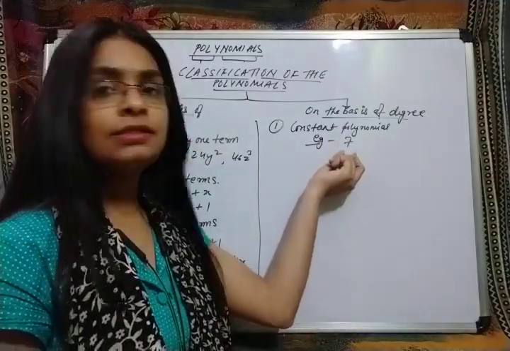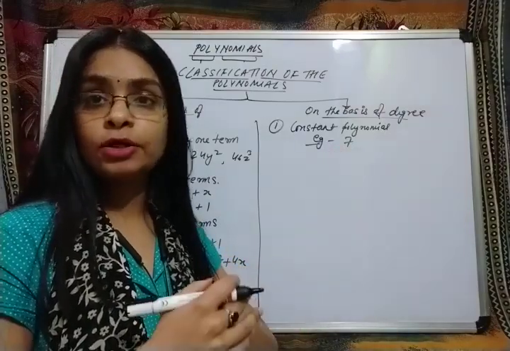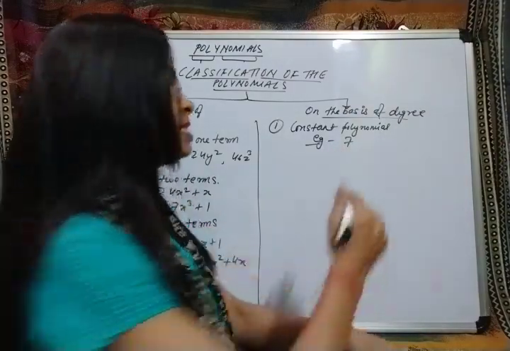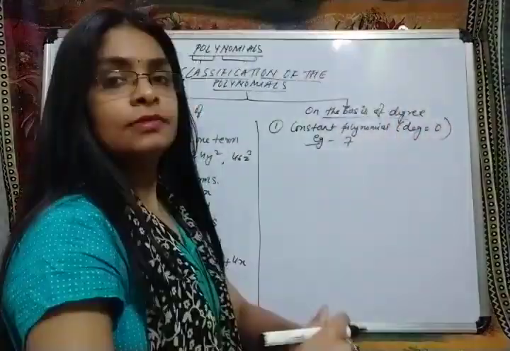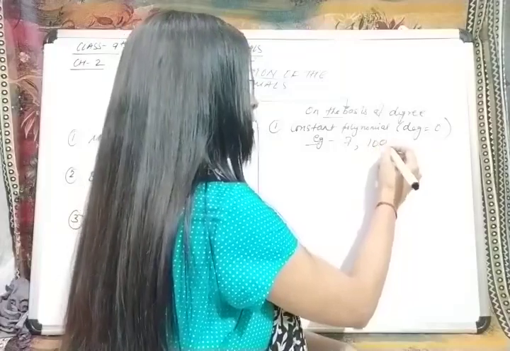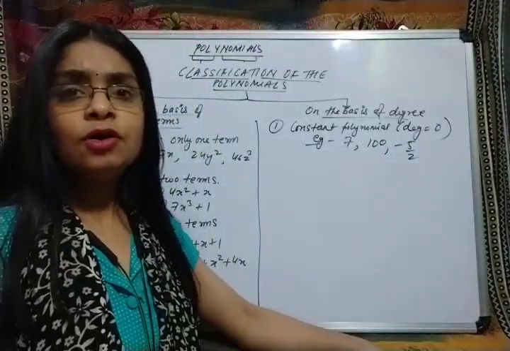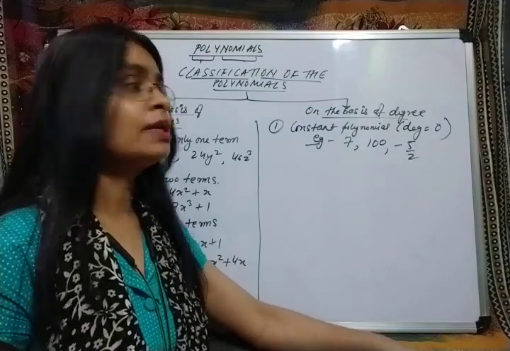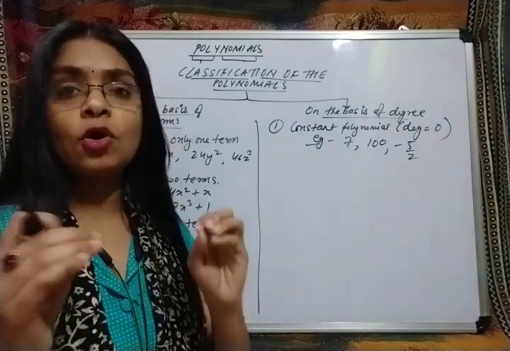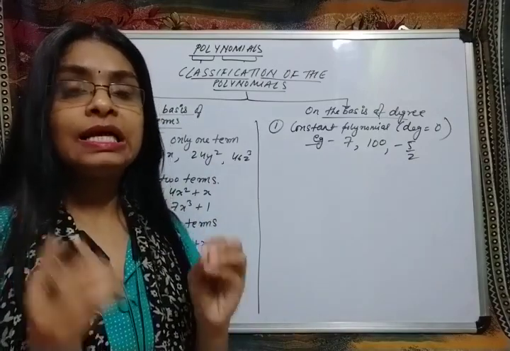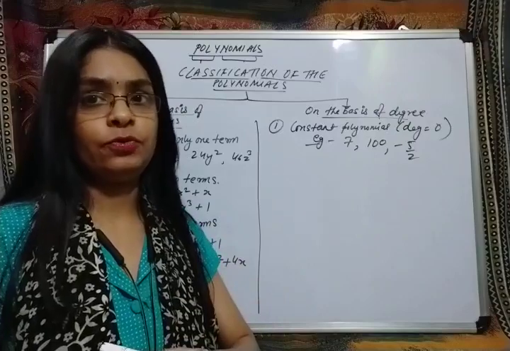So a constant polynomial is a polynomial whose degree is 0. If I write 100, or minus 5 by 2, any real number, all those are constant polynomials and their degree is 0. So remember, any constant number, any real number, is a constant polynomial of degree 0.